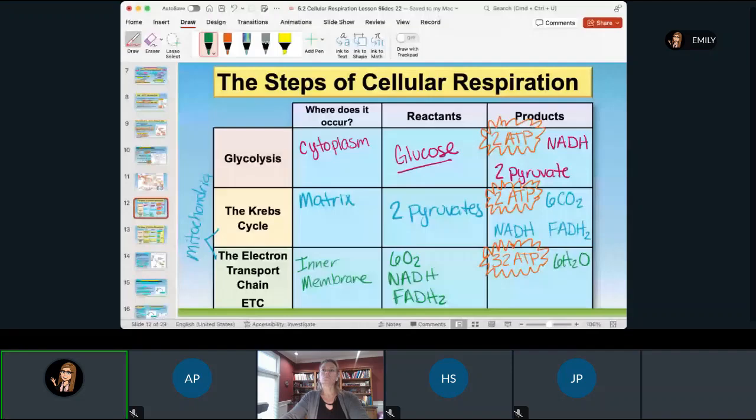And here's a hint. If I started with full trains, I'm going to end with empty trains, right? So what are my 2 empty trains? Good. NAD plus and FAD plus. Good.